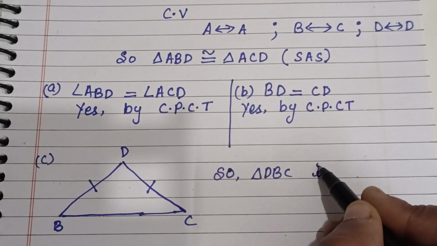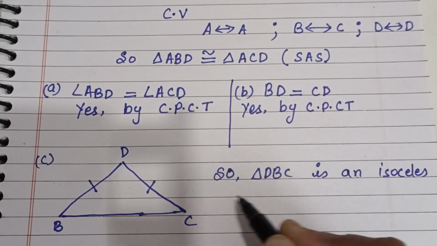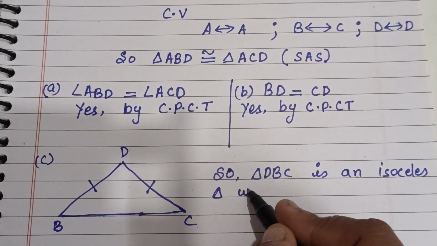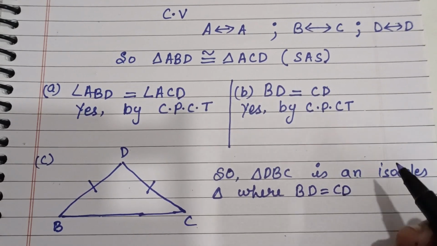So we can say triangle DBC is an isosceles triangle, where BD equals CD.